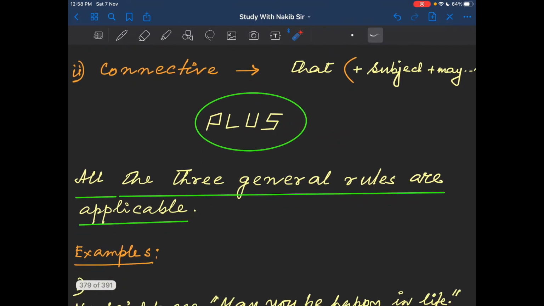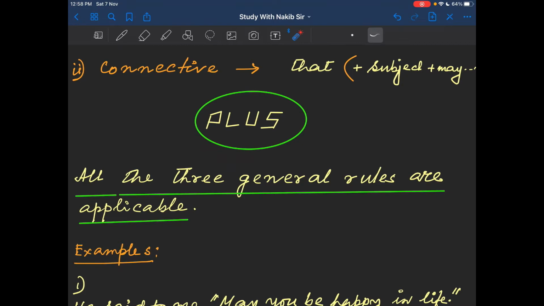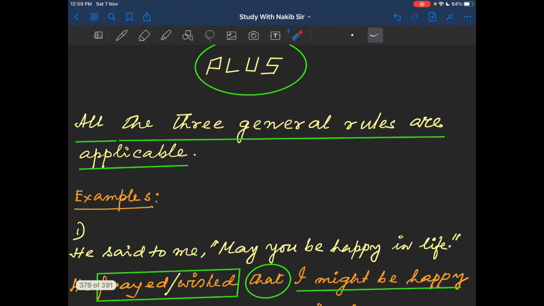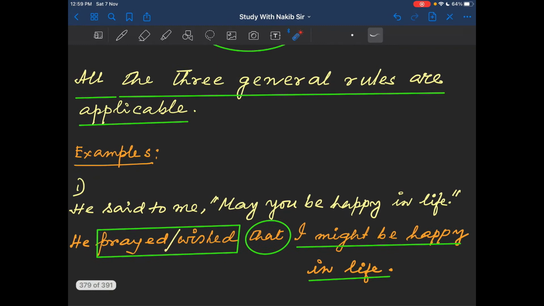The third rule is the rule about the change of the pronouns of the reported speech in the indirect narration, and the fourth rule is the rule about the change of the reported verb in the indirect narration, and the fifth rule is the rule about the change of the other words of the reported speech in the indirect narration. Okay, now see the examples, then your idea will be clear.